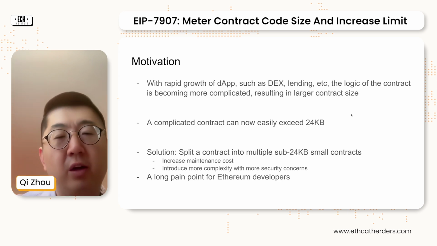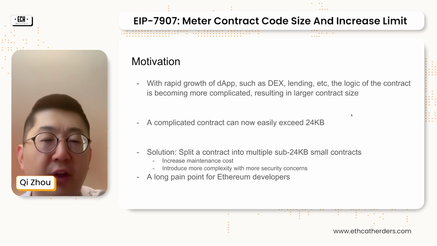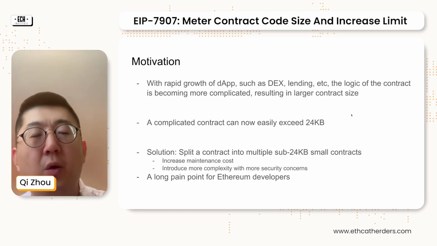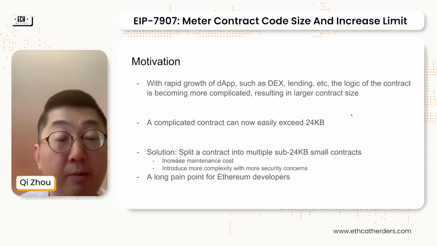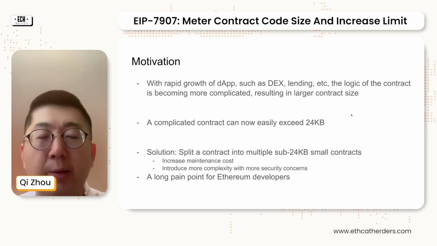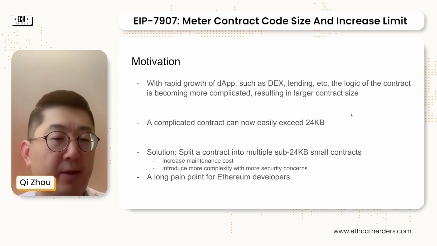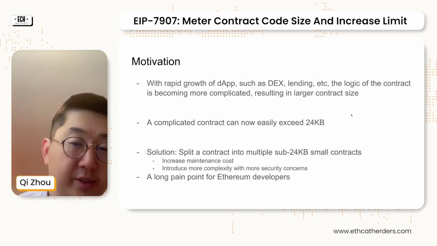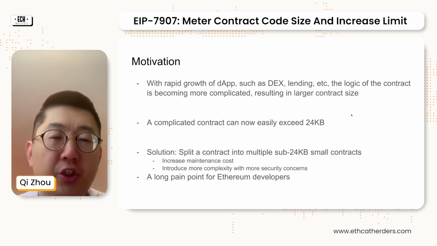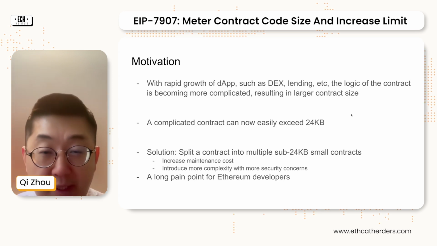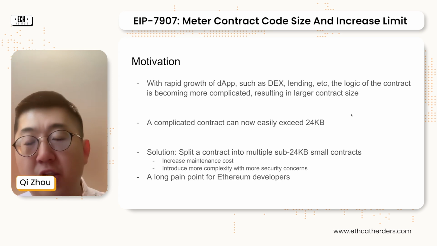Suppose now I have a version 1 contract, and now I have version 2 or 3. It's really hard to work on subcontracts, or if I still work on a single contract, every time I deploy, I have to split again. So it's really painful for a lot of developers. And in addition, this split process introduces a lot of complexity in deciding how to split the different logic into smart contracts.